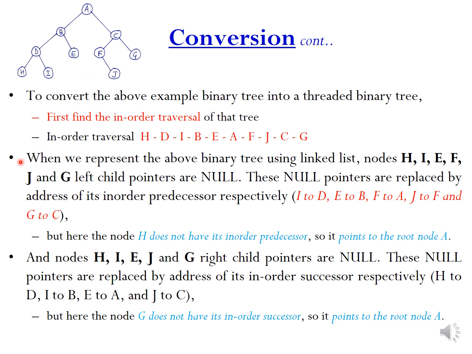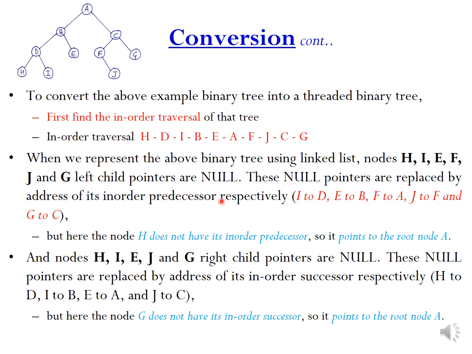Now when we represent the above binary tree using linked list, nodes H, I, E, F, J, and G have left child pointers that are null. These null pointers are replaced by the address of their in-order predecessor.